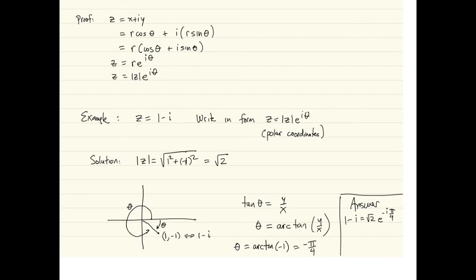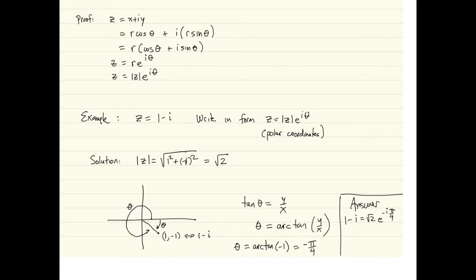And if you ask what that is in the calculator, you'll get negative pi over 4. The negative comes from you're going in basically the clockwise direction. And so what we see is one answer is 1 minus i is equal to root 2 times e to the negative pi i over 4.